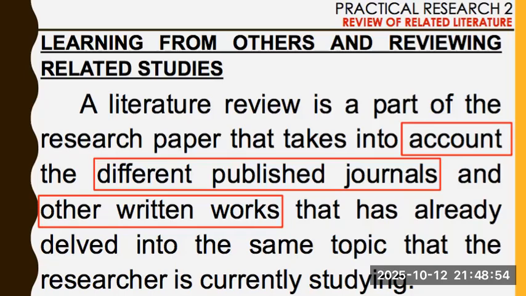This means you don't just rely on your own thoughts, you learn from the findings of other researchers. It helps you see what's already known, what is missing, and where your study can contribute new ideas. In a nutshell, RRL helps you understand other researchers' work, so your own work will be more credible and more meaningful.